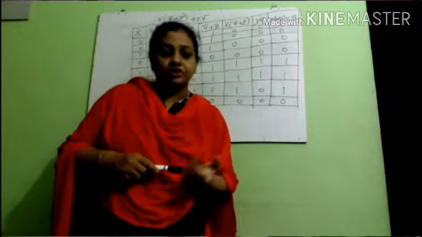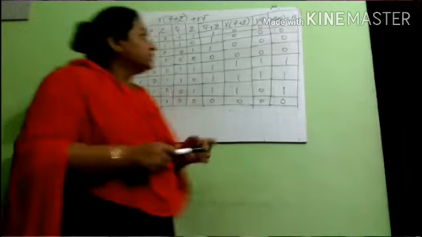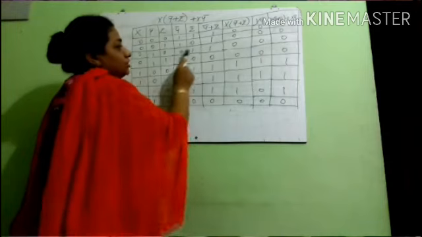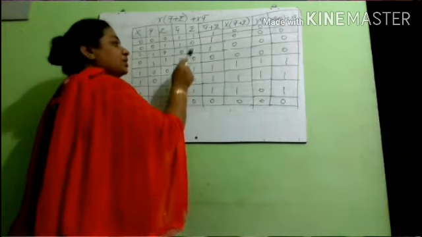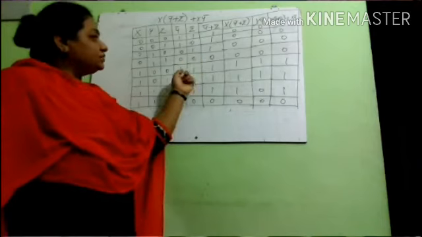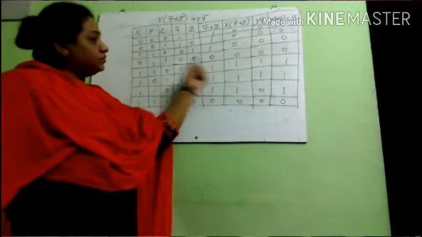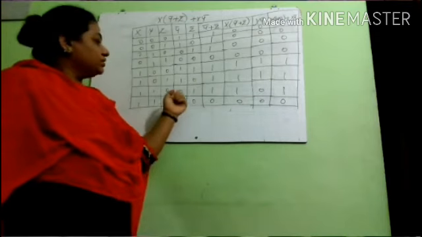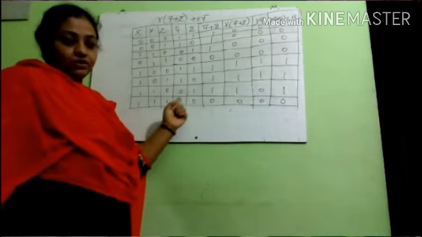So for y bar plus z, these two we have to OR. Plus means OR operation. If there is any one input that is 1, the output should be 1. Otherwise it is 0. So 1 plus 1 is 1. 1 or 0 is 1. 0 or 1 is 1. 0 or 0 is 0.